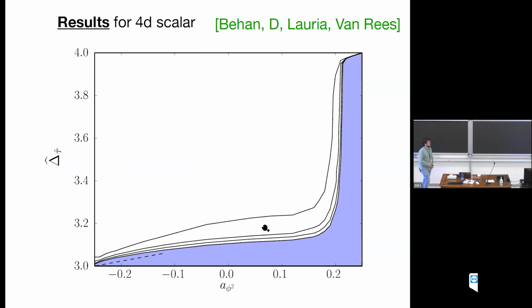However, there is a very interesting feature that appears here, which is a kink. And as usual in the conformal bootstrap, the existence of these kinks in the bounds suggests that there might be some interacting boundary condition sitting there. At the moment, we don't have an understanding of what this boundary condition is.